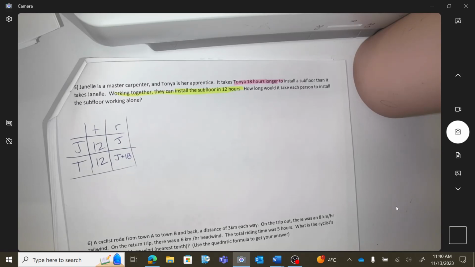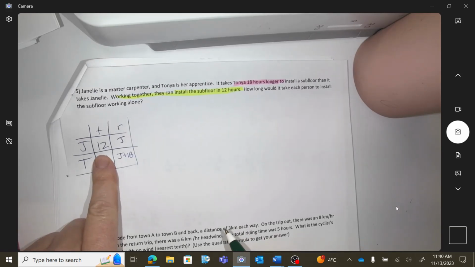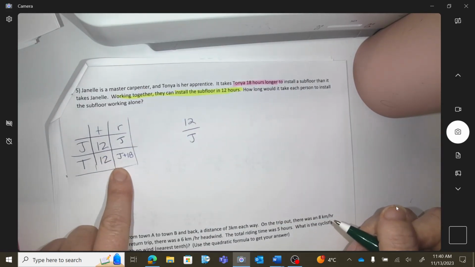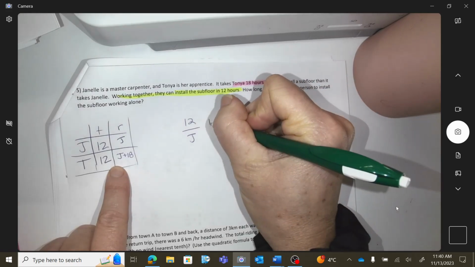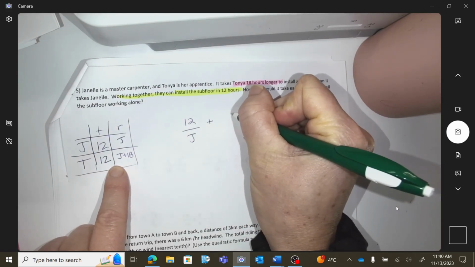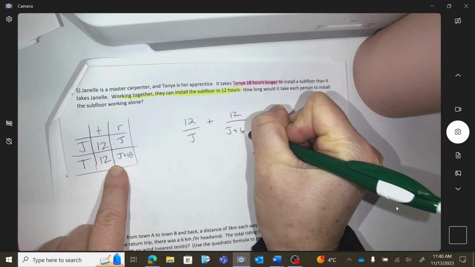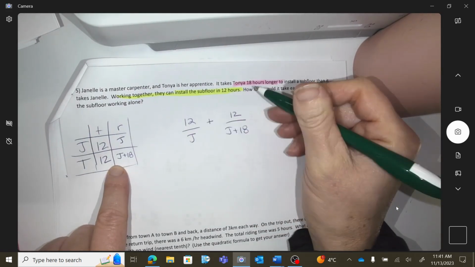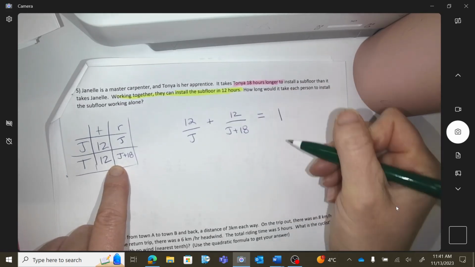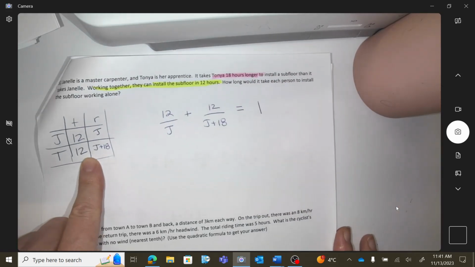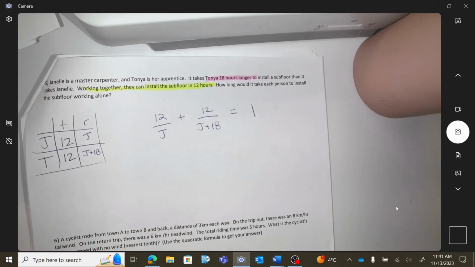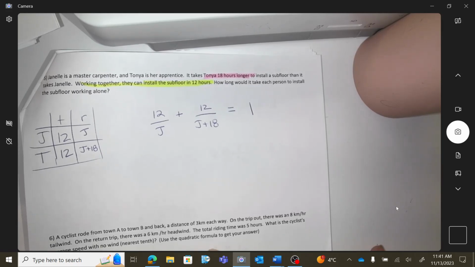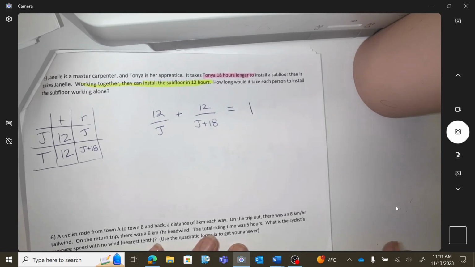Okay, ready? Janelle does 12 over J of the job, plus the portion that Tanya does is 12 over J plus 18 of the job. The portion plus that portion completes a whole job. Okay, cross multiply or common denominator?